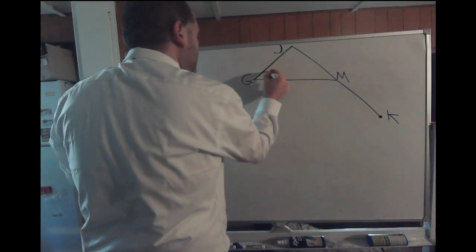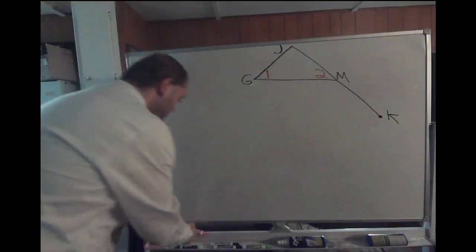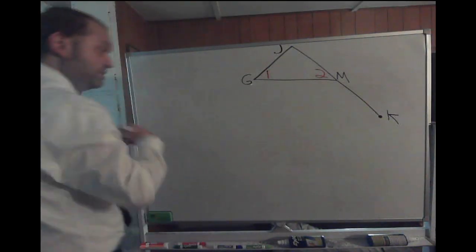Then we have angles 1 and 2. All right, so there's our pretty little diagram. Let's see what they give us.